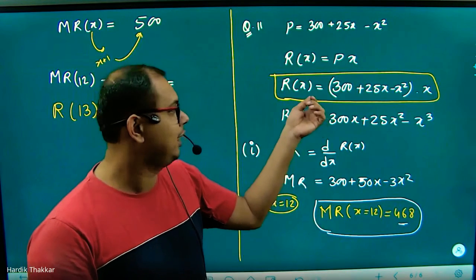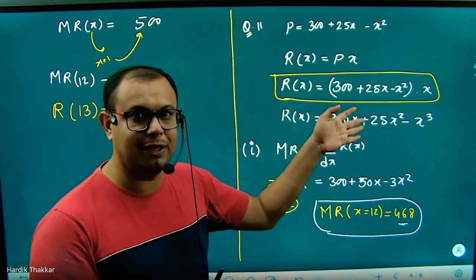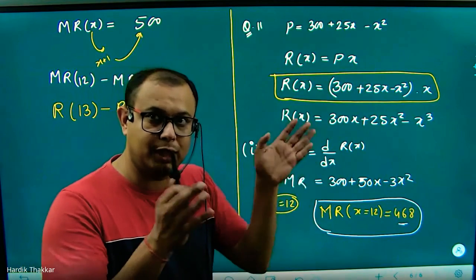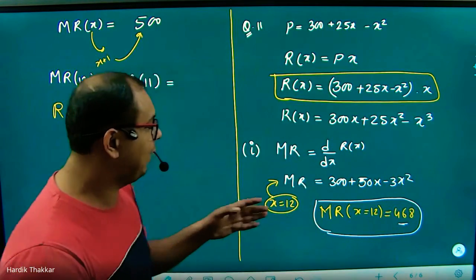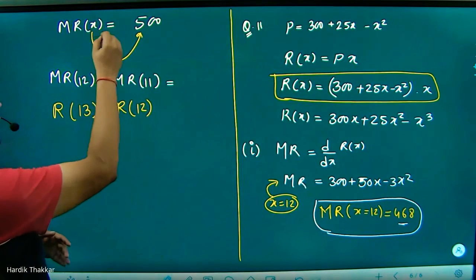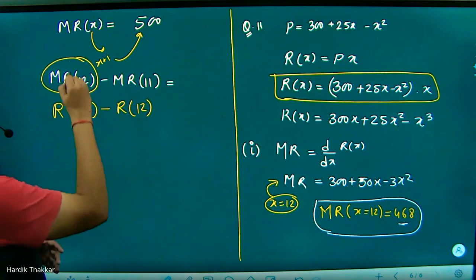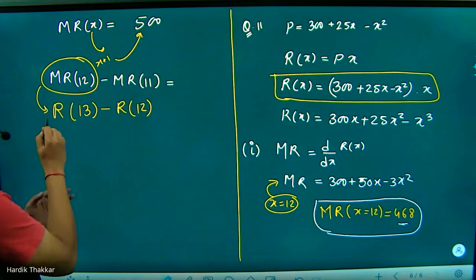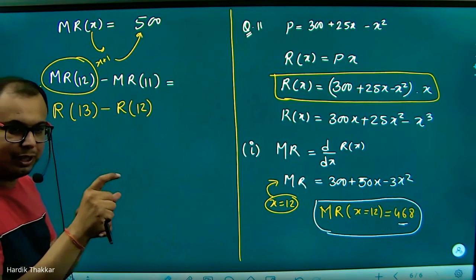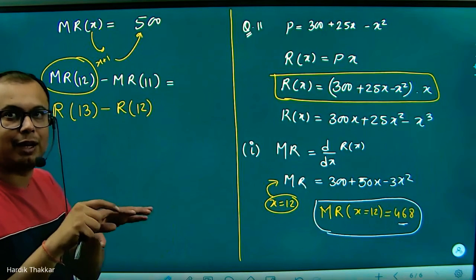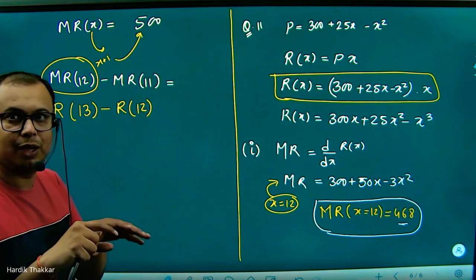If x is equal to 10, it means the revenue of total 10 products. But when we calculate the MR of 12, it is the revenue for the 13th product only. In the question they have written directly R13 minus R12, so we have to calculate it simply like this.